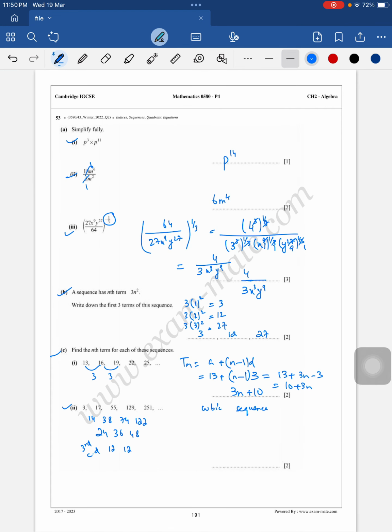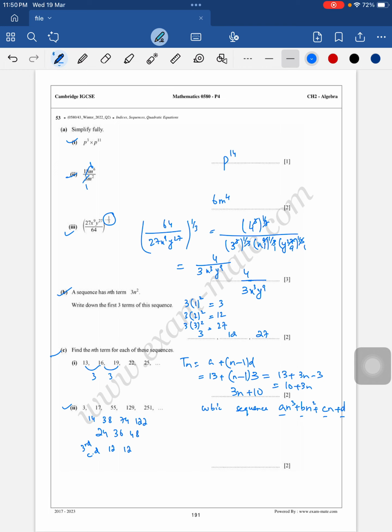Right? Now to solve a cubic sequence, we have to find out the values of 4 terms, A, B, C and D. So the first difference, second difference, and third difference.